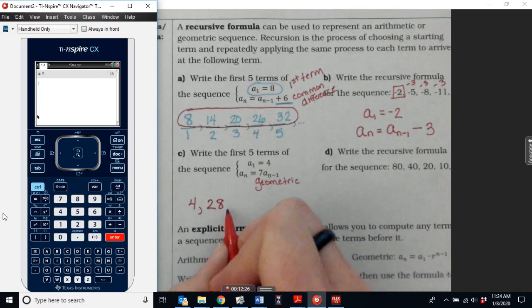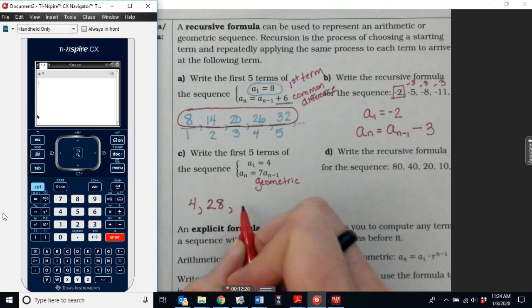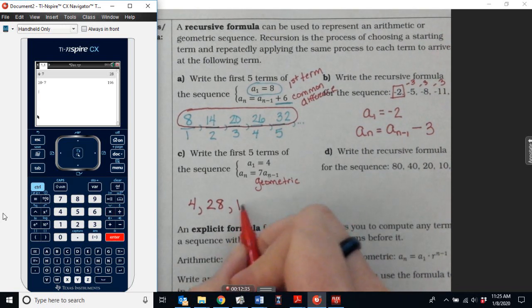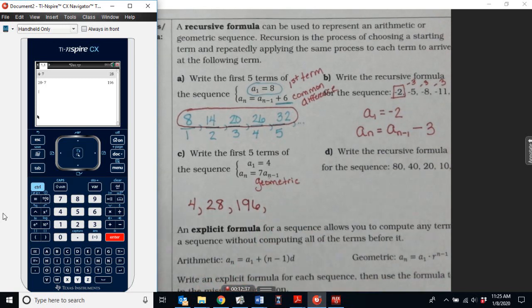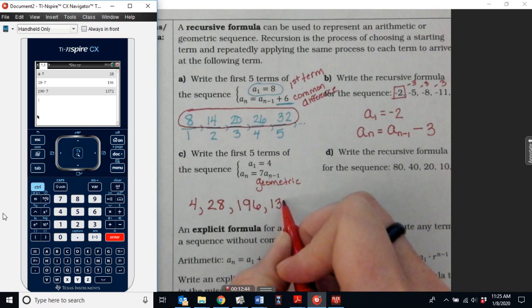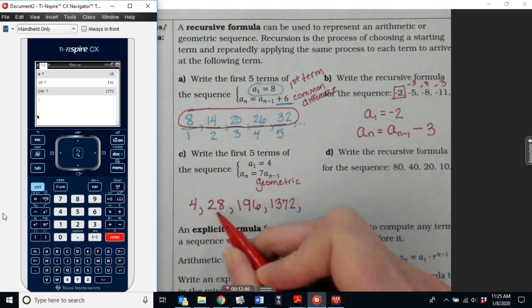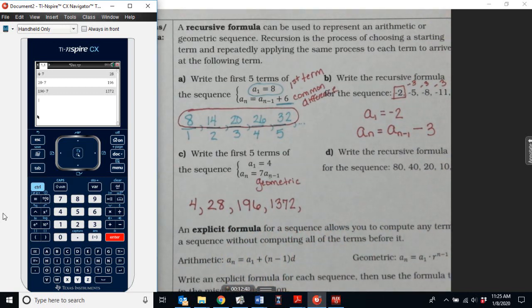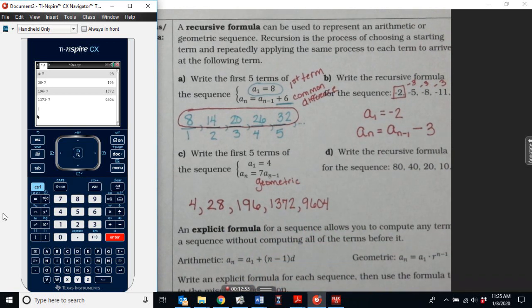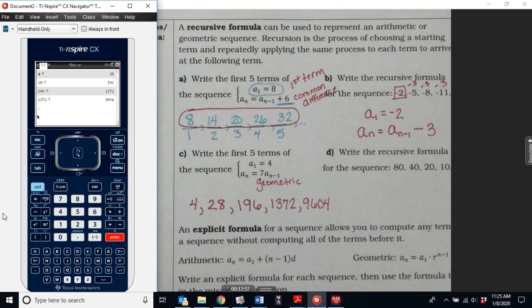And then I multiply that term by 7. So 28 times 7 is 196. And then I multiply that by 7. And I get 1,372. And that's my fourth term, so I need to multiply that one also by 7. And I get 9,604. So those are my first 5 terms.